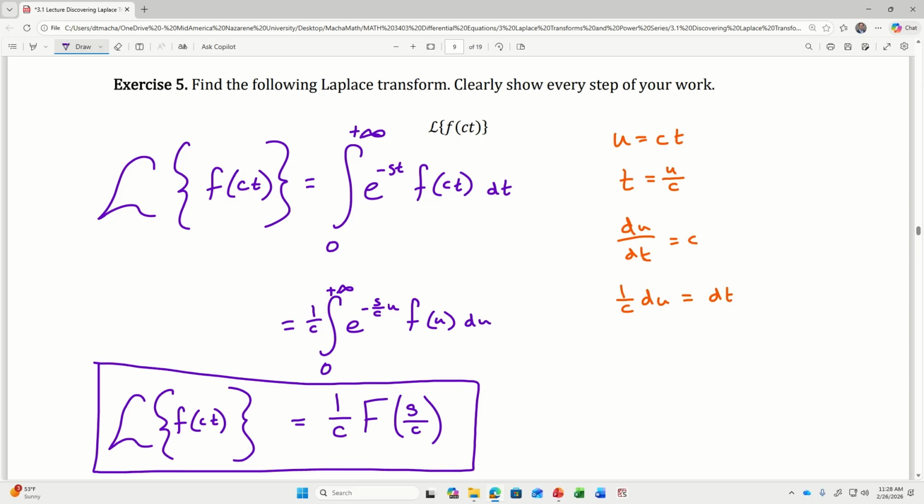If you're taking a Laplace transform of a function and in the argument you're multiplying by a constant, then in the Laplace transform, you divide the argument by c and you divide the whole capital F function by c.